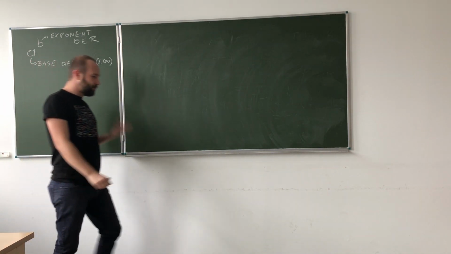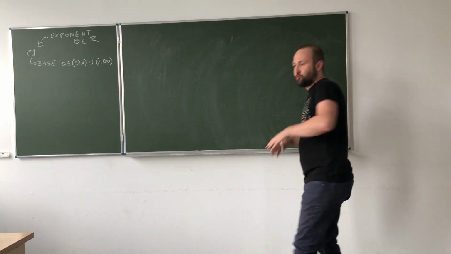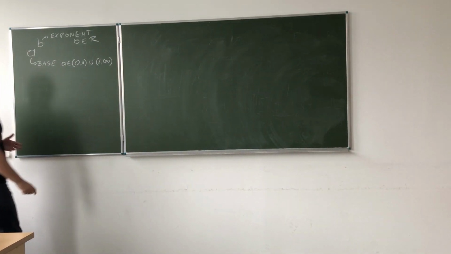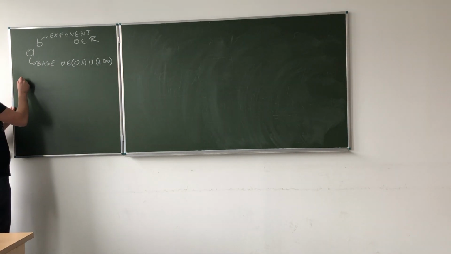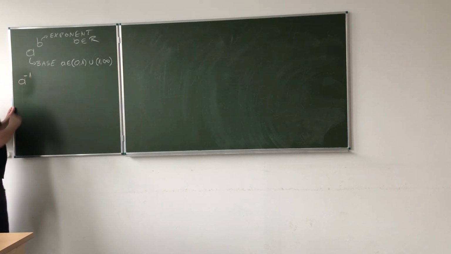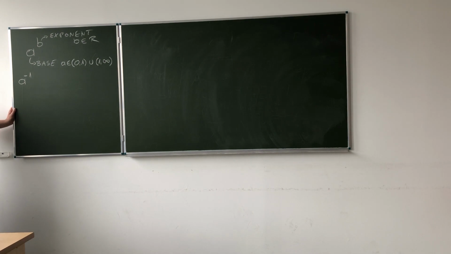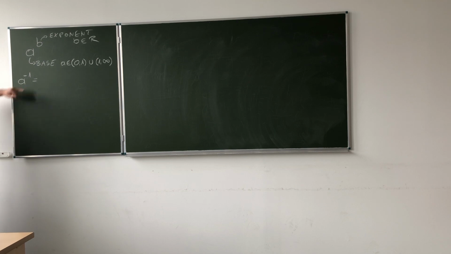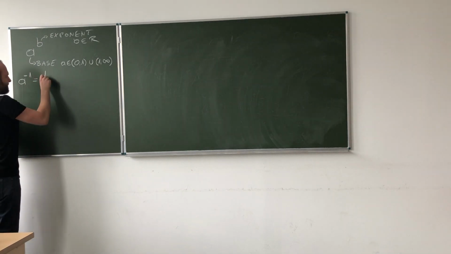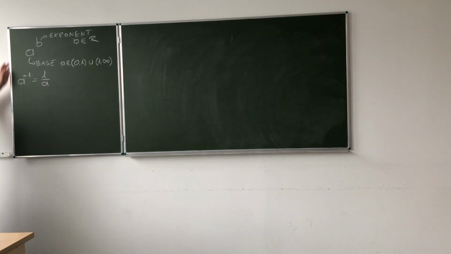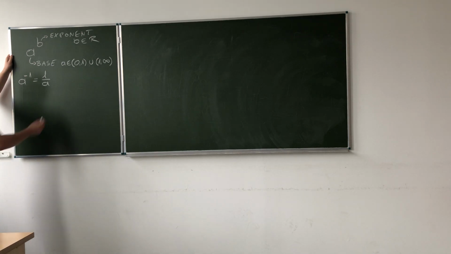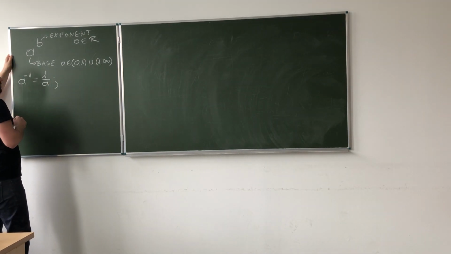Okay, so now let's review some of the rules on how to take a given number to some power. A to the power negative 1, we remember what the minus does is that we should take the reciprocal of a. And we can generalize it quite easily.